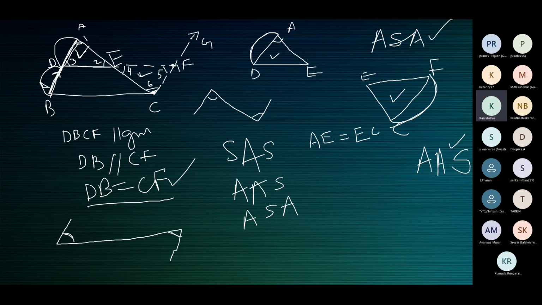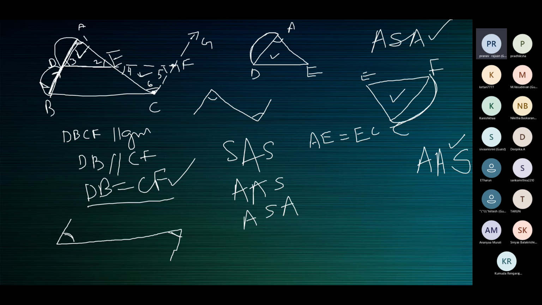Angle 1 is equal to angle 6, angle 2 is equal to angle 4, AE is equal to CE, ma'am. Yeah. So AE is equal to CE. Now, do we have any other pair of equal sides?